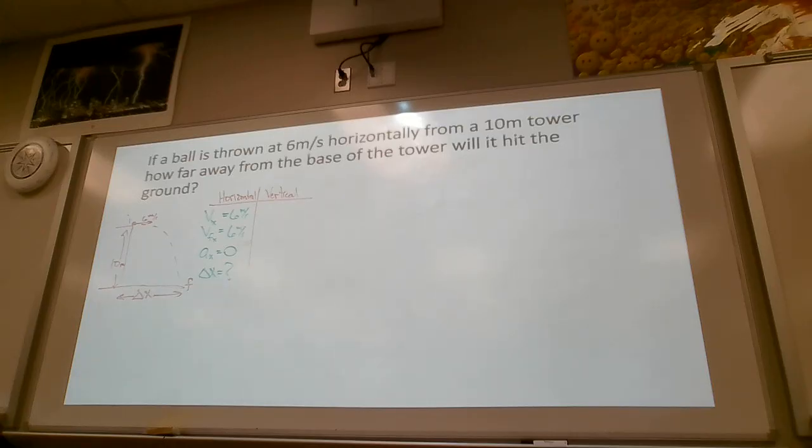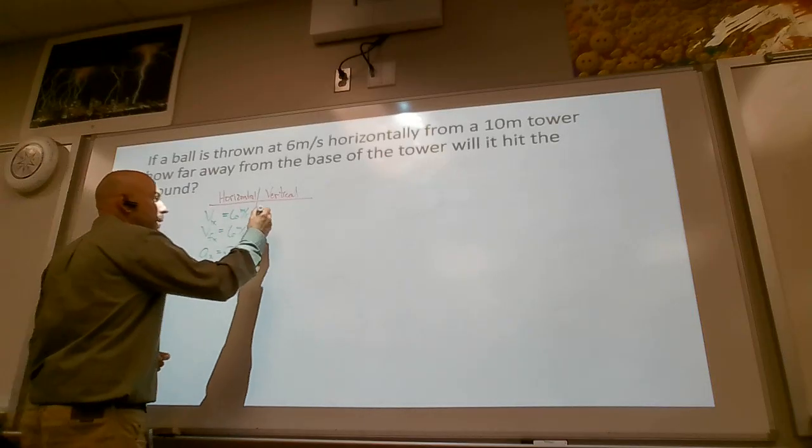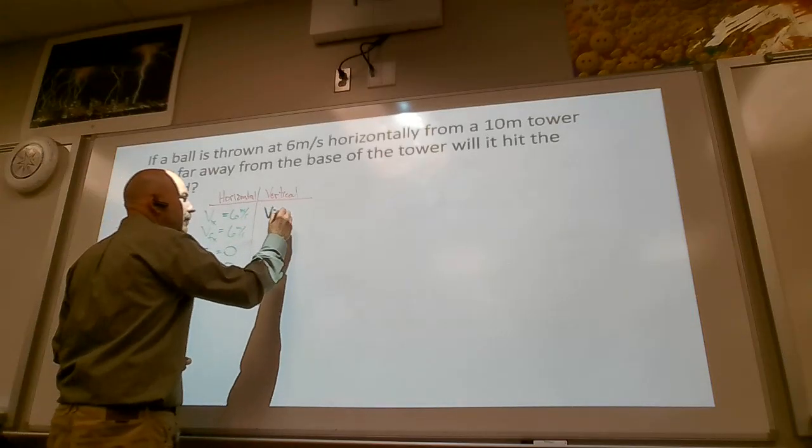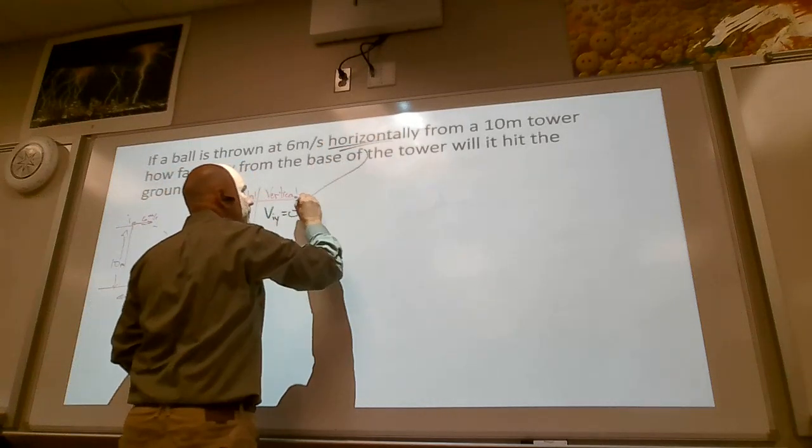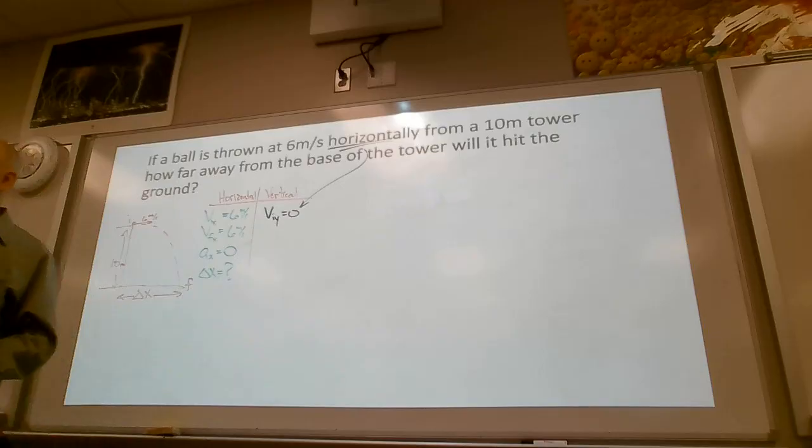In the vertical direction, what do I know? Equals 0. What is equal to 0? The initial vertical velocity. Good. Initial vertical velocity is equal to 0. That's your catchphrase. If something is launched horizontally, then you know your initial vertical velocity is 0.